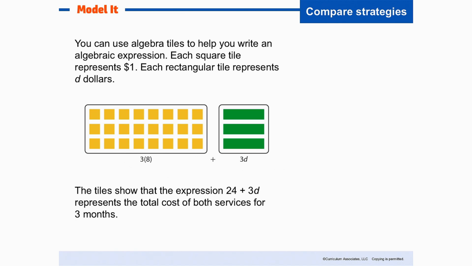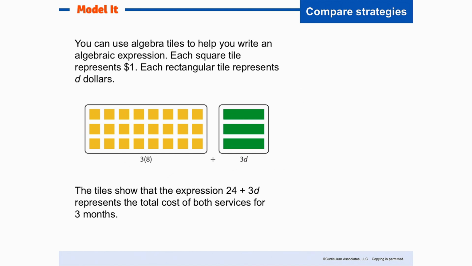You can also use Algebra Tiles to help you understand this. We know that for the first month they're paying $8, second month, third month, right? Each one of these squares represents $1, and then we're going to add it with 3D. We know they're going to be paying for 3 months, but we're not quite sure of the individual cost.